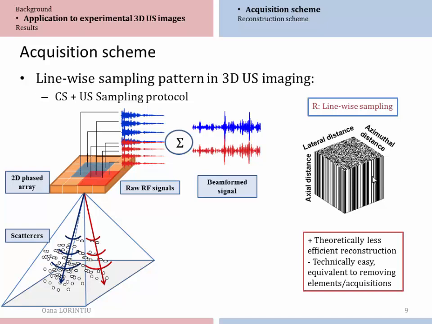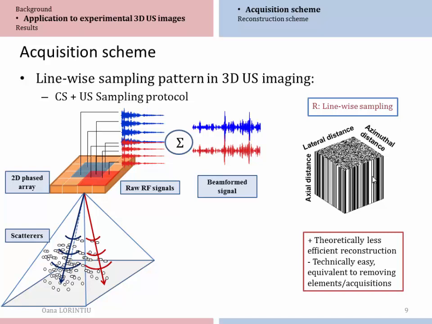So we propose a line-wise sampling that is adapted to the 3D ultrasound acquisition and scanning system. This is theoretically less efficient from an incoherence point of view, because the scheme here is not as random anymore. However, this would be technically easy to implement on existing acquisition systems.